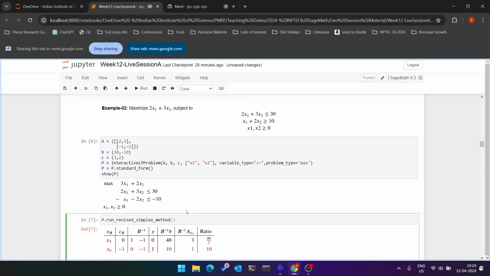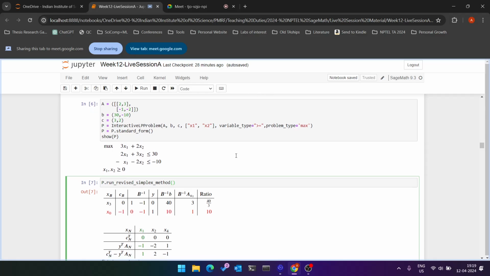So you can see here that the basis matrix B can be written as the 1001 standard basis matrix, whereas the non-basis matrix AN can be written like this. The basic variables would be x3 and x4, which would convert these inequalities into equalities, whereas our non-basic variables are x1 and x2.